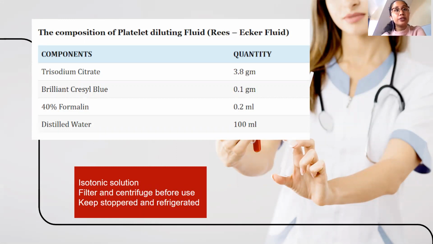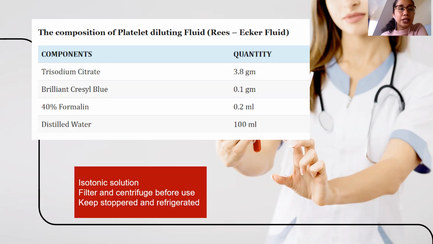And for the composition of Rees and Ecker, we have 1, 2, 3, 4. Trisodium citrate, anong purpose kaya ng trisodium citrate? Brilliant Cresyl Blue, 40% formalin and distilled water. So class, ano kaya ang gamit? Please search. I think hindi yan nasa question for research.